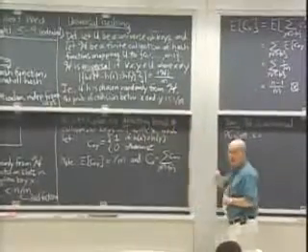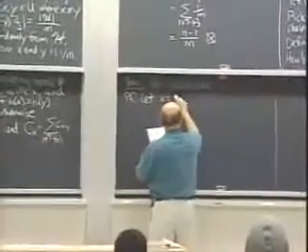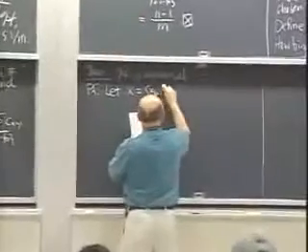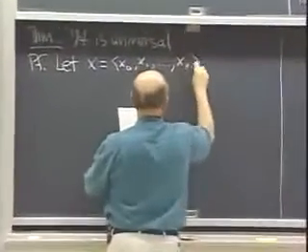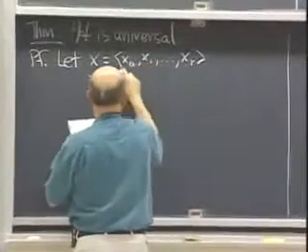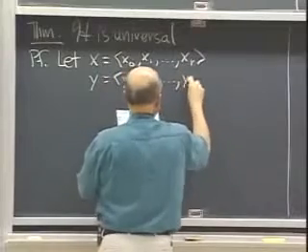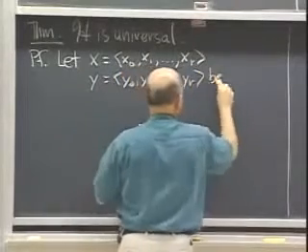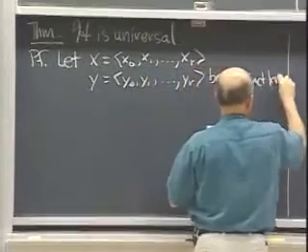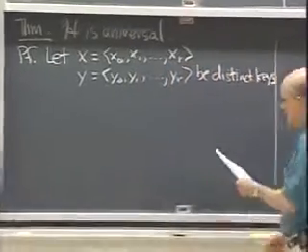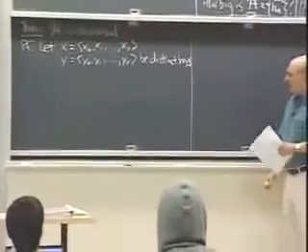So let's pick two keys arbitrarily. x, and we'll decompose it into our base m representation, x_0, x_1, and y_0, y_1, and so on.